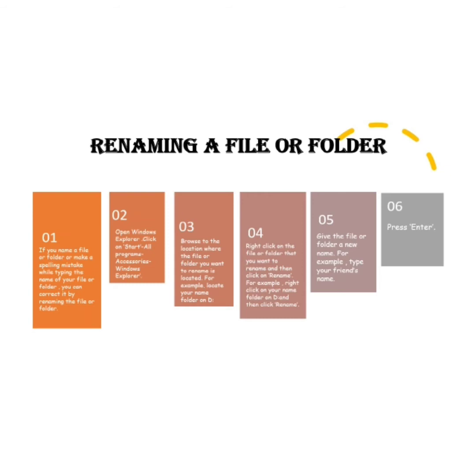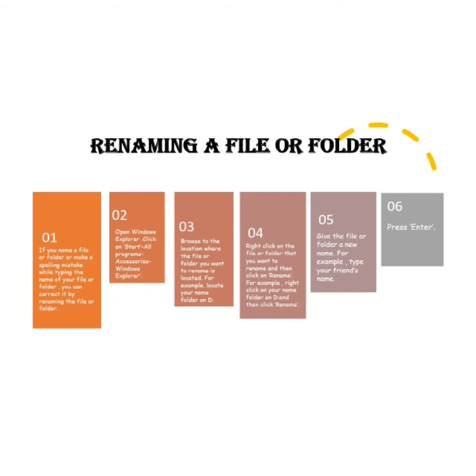Thirdly, browse to the location where the file or folder you want to rename is located. For example, locate your name folder on D drive. Then right click on the file or the folder that you want to rename and then click on rename.